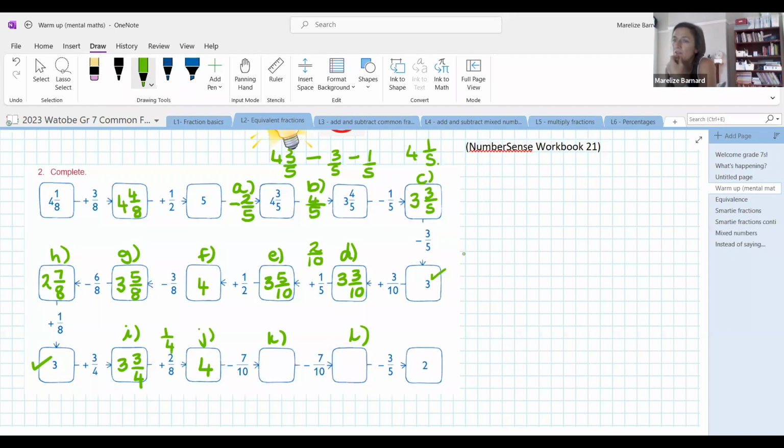Okay, and then from 4 I subtract 7/10. So because I'm taking away, I'm going smaller, and because I'm taking 7/10 away, I'll be left with 3/10. And then I take 3 3/10, and I subtract another 7 of those. That's going to give me 2 and 3, and then another 4.